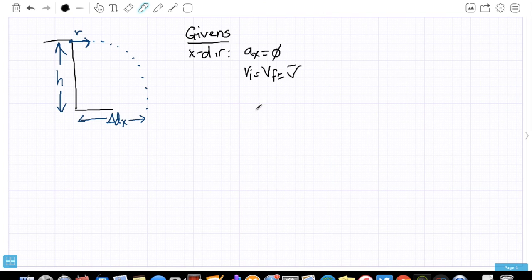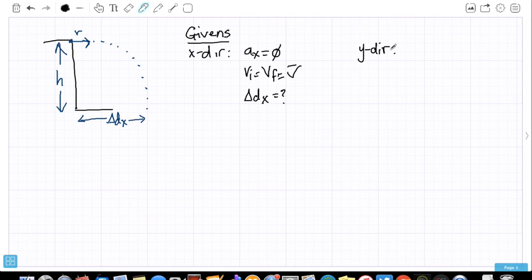Now again, you can replace this v with any value you want, say 30 meters per second, or 150 kilometers per hour, which you're going to convert to meters per second. And then what we're looking for at the end is delta dx. So right now we don't know enough information to solve for delta dx. So what we do is we look in the y direction.